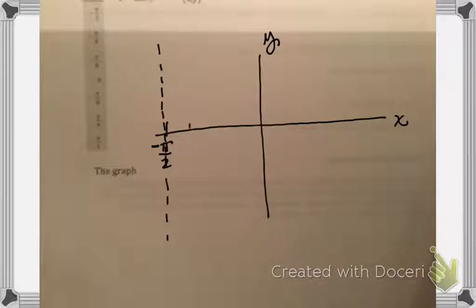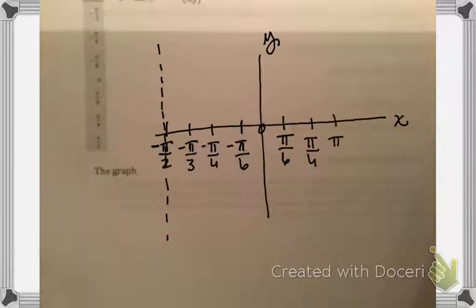Then we have negative pi over 3, negative pi over 4, negative pi over 6, and then 0. Then we have positive pi over 6, positive pi over 4, and positive pi over 3. Then we're going to take this out to pi over 2, which we know is another asymptote. That's where tangent's undefined.